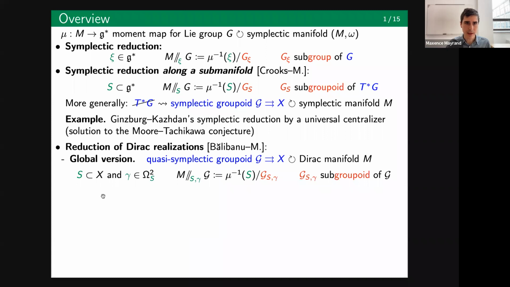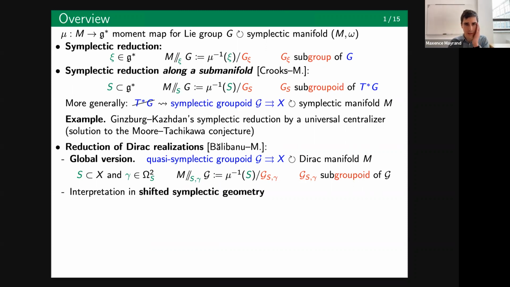Now the reduction level, generalizing ξ, a point in the dual of the Lie algebra, is slightly more complicated. It's a submanifold with a 2-form, with some compatibility conditions with the 3-form on X and other things. From this data, there's a canonical subgroupoid G sub S,γ of the quasi-symplectic groupoid G, such that this quotient is now a new Dirac manifold.